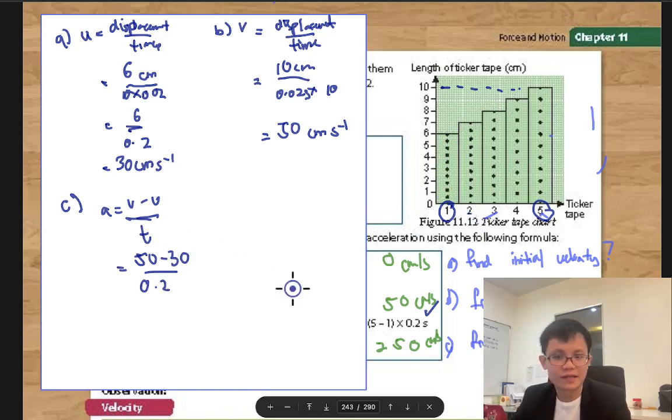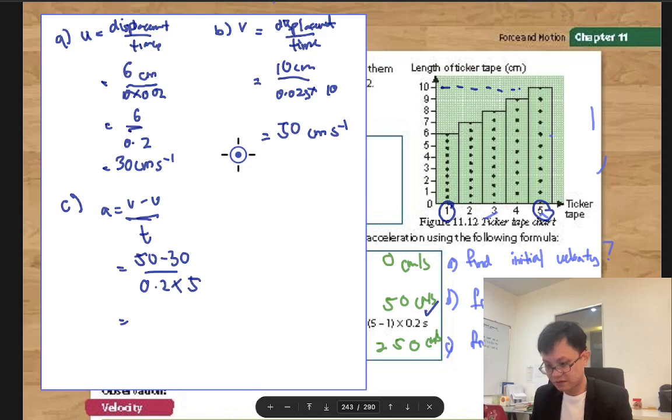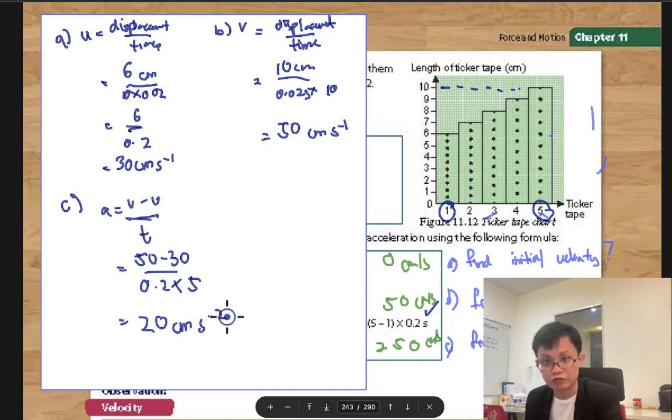One strip is 0.2 second, not 0.02 because here got many dots already. So 0.2 times 1, 2, 3, 4, 5, times 5. Let me press the calculator: 50 minus 30 divided by 0.2 times 5. So you get 20. The unit is cm s negative 2.